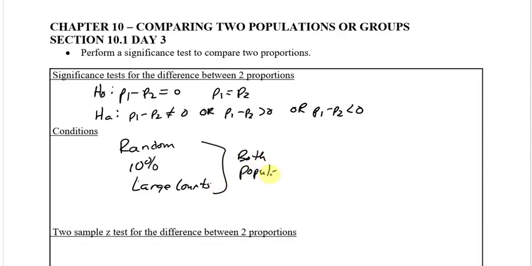We've beaten those pretty good over the head, so we don't need to continue going over those. We know what those conditions are. So we want to do a two-sample z-test for the difference between two proportions.